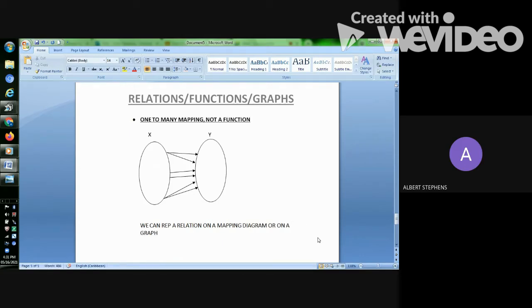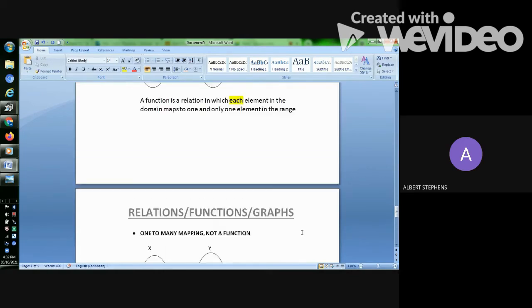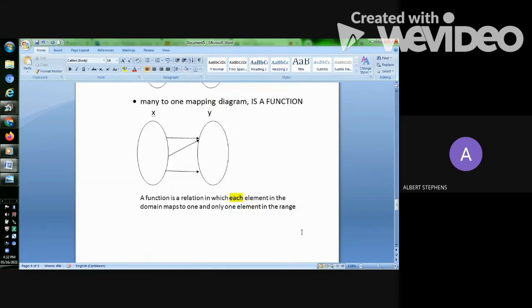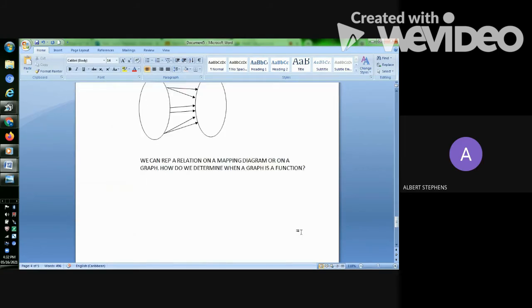On a graph. All right. Now, how do we determine when a graph is a function or not? That's my question to you. Because we know how to determine whether a mapping diagram relation is a function, not true? But how do we look at graphs?